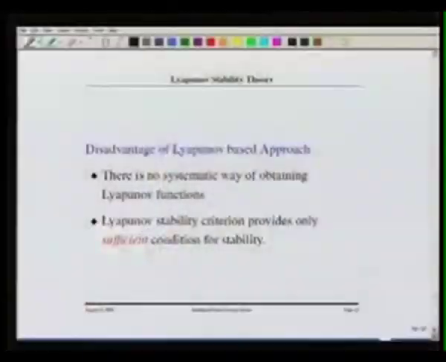But what is the disadvantage of the Lyapunov based approach? Although we showed an example where we could not determine the stability using the indirect method, we could determine it using the direct method. The problem is that there is no systematic way of obtaining a Lyapunov function.